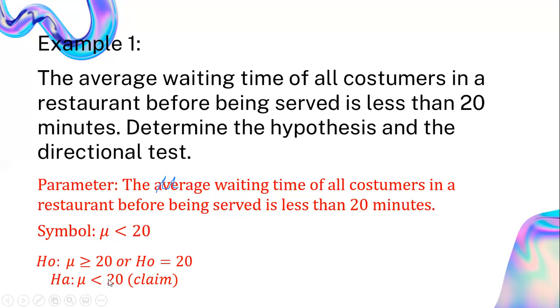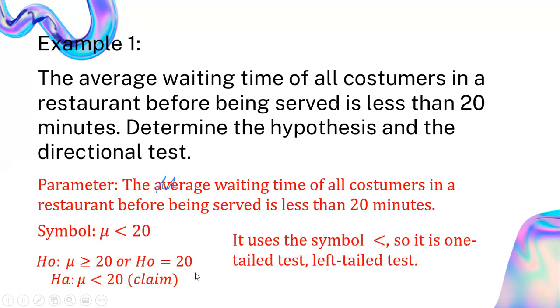And for your alternative hypothesis, it's less than. That is your claim, the part where you need to test whether it's true or not. Since it uses the symbol less than, meaning it's a one-tailed test, and to be specific, it's a left-tailed test. So it's directional.